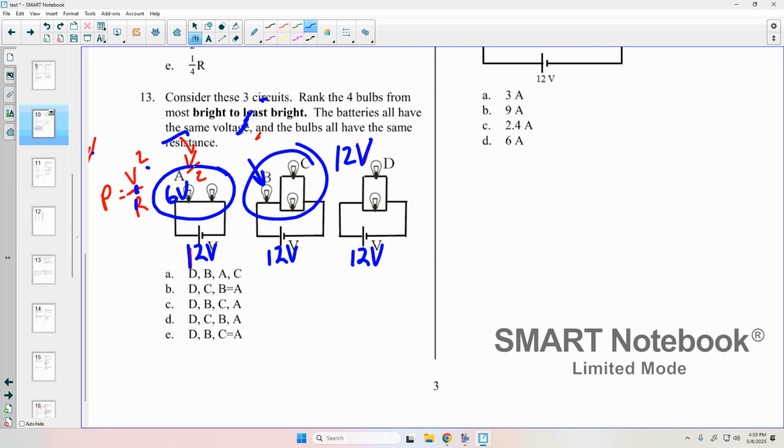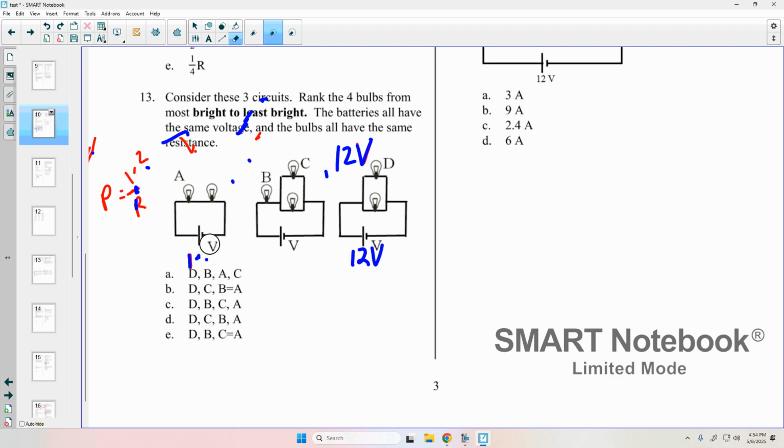So because of that, I know that this overall resistance is smaller than this overall resistance, so that this light bulb gets more current and voltage than this light bulb.